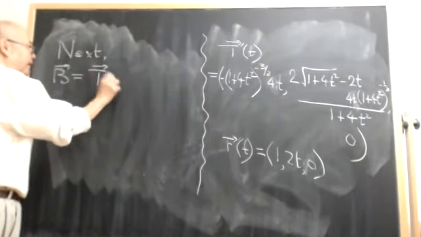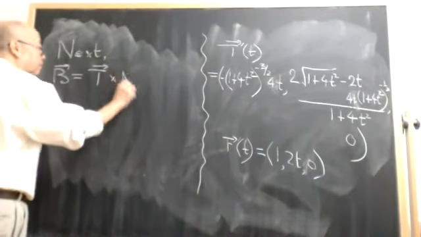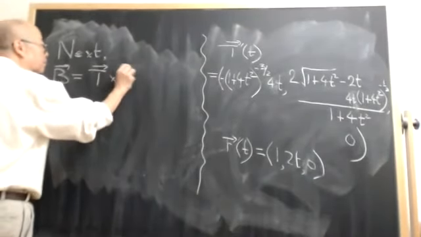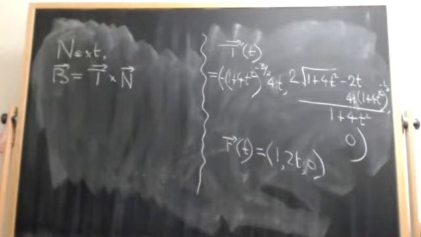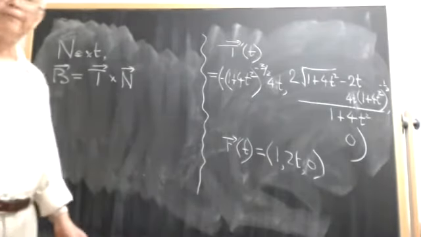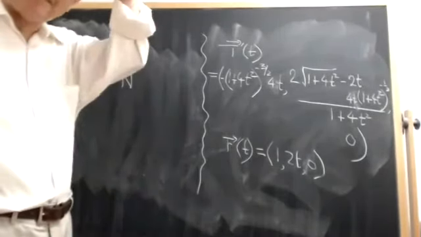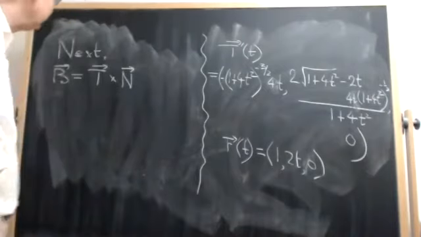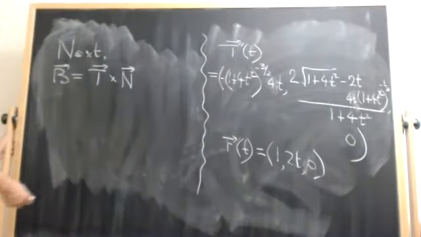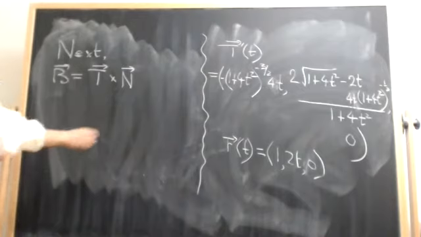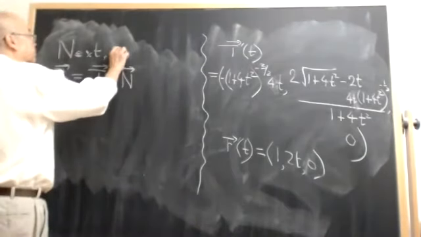Otherwise, you get a negative. So it's the cross product of T with N. Okay. We can put 0 here.